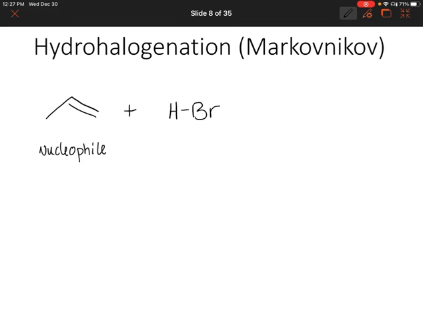So remember, nucleophiles, because they're electron rich, will be attracted to something that is positively charged or partially positively charged. So if we're looking at hydrobromic acid, is the hydrogen partially positively charged or is the bromine partially positively charged?